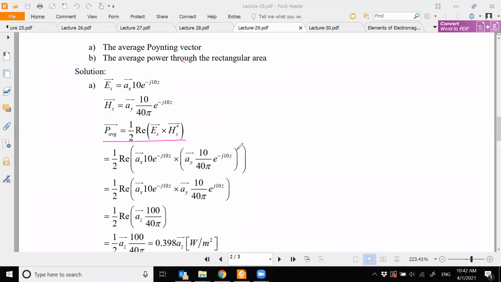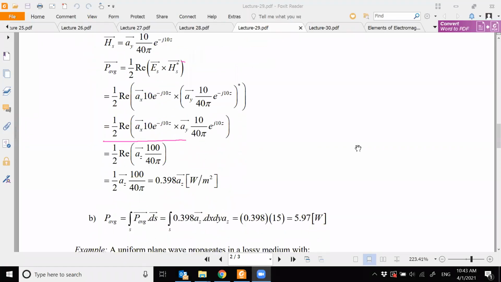Remember, guys, in a complex number, conjugate means wherever there is j, its sign will change. So it becomes plus j10z, and AX cross AY is AZ. This is 100 over 40 pi. And e power minus j10z times e power plus j10z becomes 1. This is my average Poynting vector, which is pointing in the z direction.